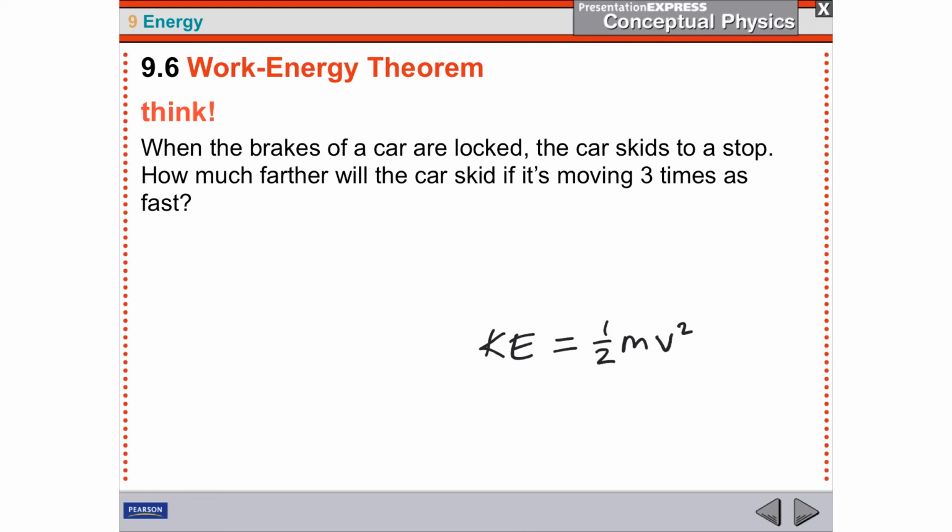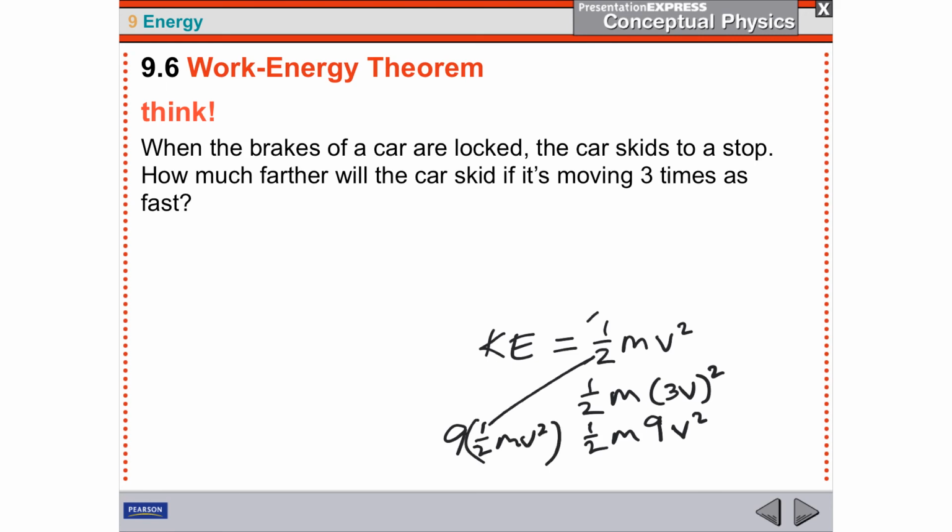So if I make something go 3 times as fast, then I'm going to have 1/2 times m times (3v) squared. Well, what's going to happen? I need to square the stuff inside the parentheses. I'm going to have 1/2 times m times 9 times v squared. And then I can move the numbers together, and I end up with 9 times 1/2 mv squared.